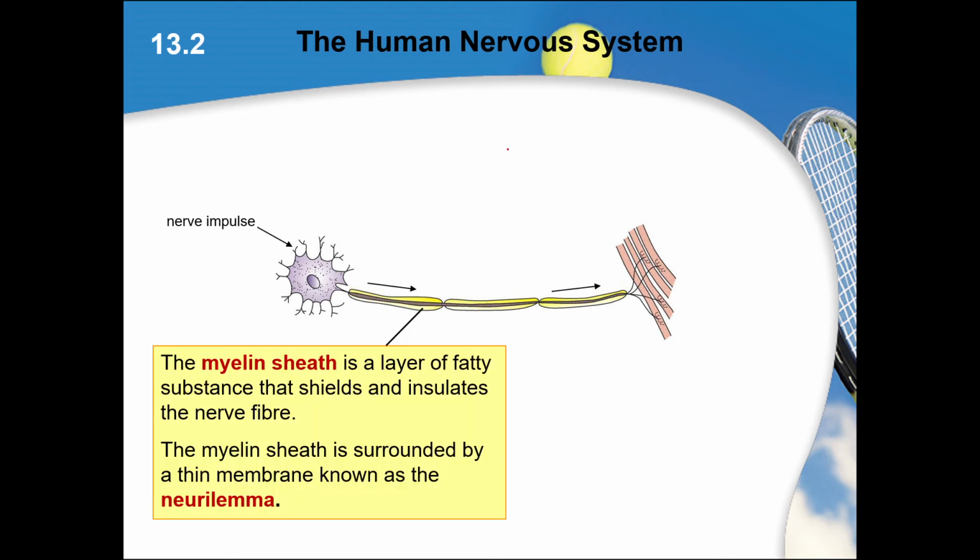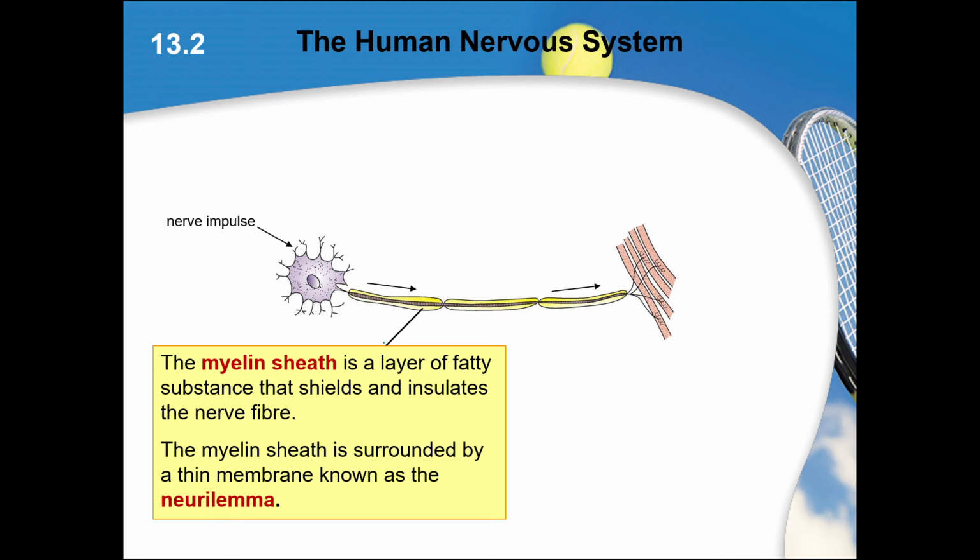Okay, I'm just going to run through some other parts of the neuron that I haven't covered. So if you look at the axon, there's actually a layer of fatty substance that surrounds the axon, these yellow bits, right? And we call it the myelin sheath.